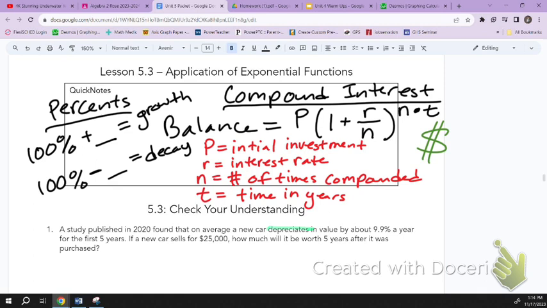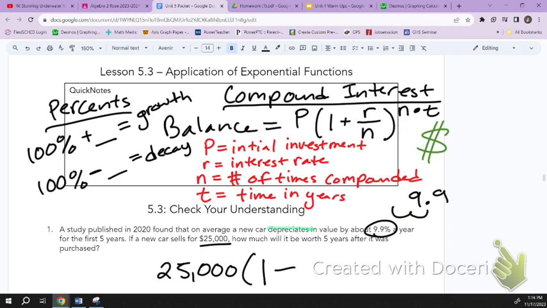Your car, you bought it new at $25,000, so that's my principal. I have 100%. But now I'm subtracting, what's 9.9 as a percent? 0.099. And I want to calculate after 5 years, how much is it worth?